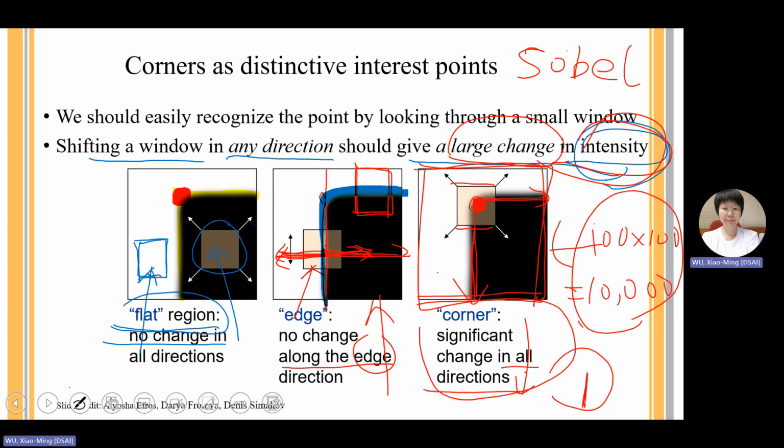You can imagine we do corner detection by sliding a window across the image, computing something from the content within this window, and coming up with a metric which measures the cornerness score for each pixel.